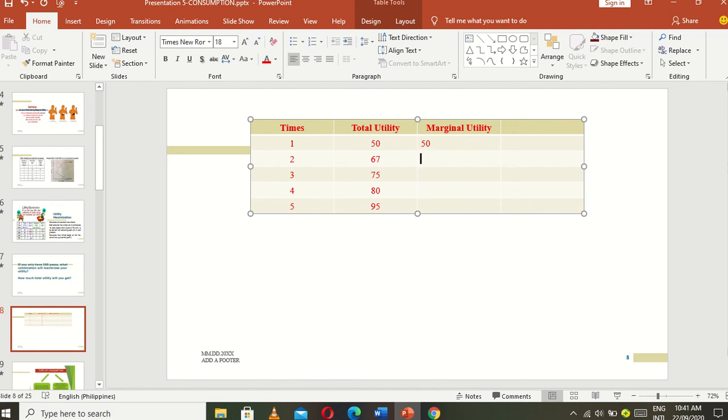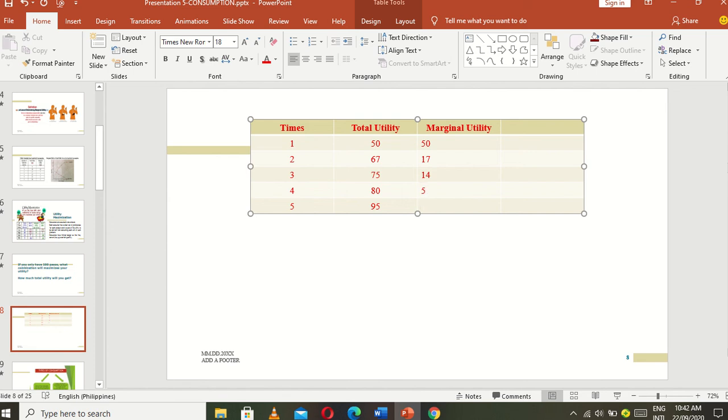To get the marginal utility of 50 and 67, we subtract 67 minus 50, that makes 17. Then 75 minus 67 makes 14. Then 80 minus 75 makes 5.